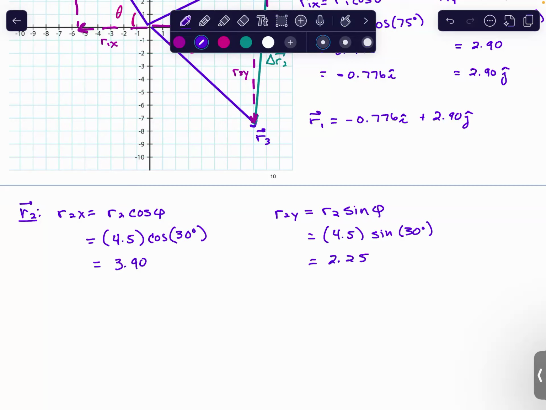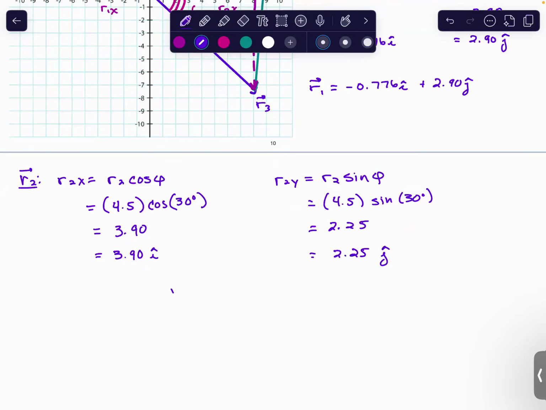The R2 is in the first quadrant, so these are both going to stay positive. And so now we have R2. Two of the vectors we need.